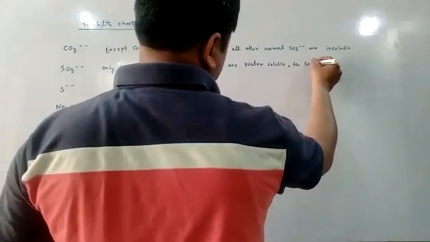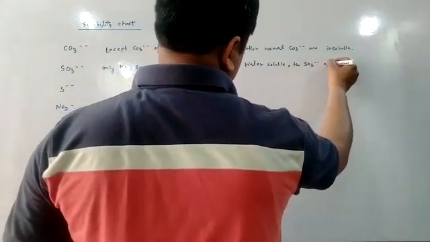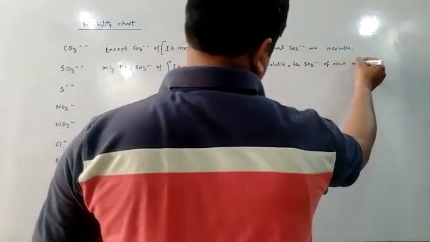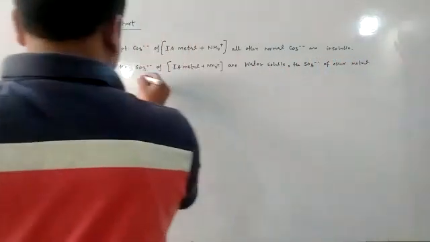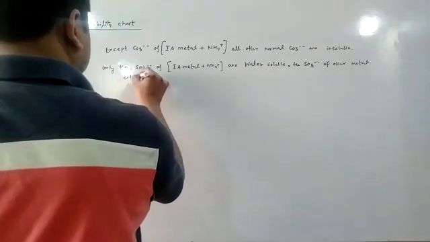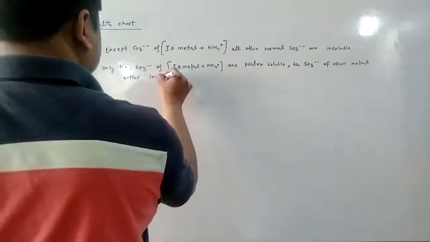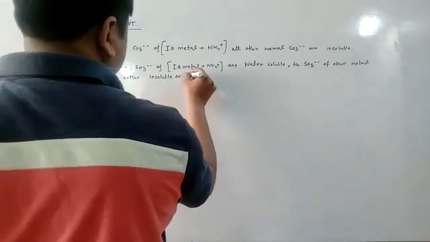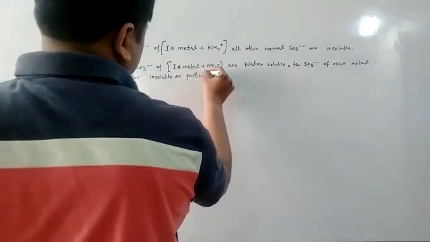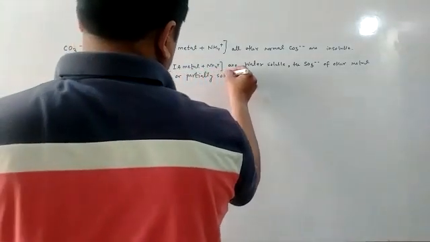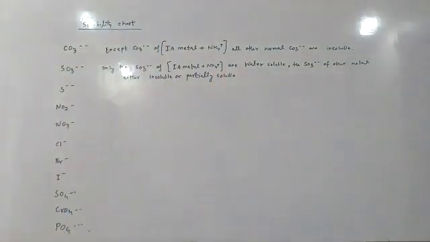The sulfides of other metals are either insoluble or partially soluble. Understood? Got it? Just note down these points. These are very important points.